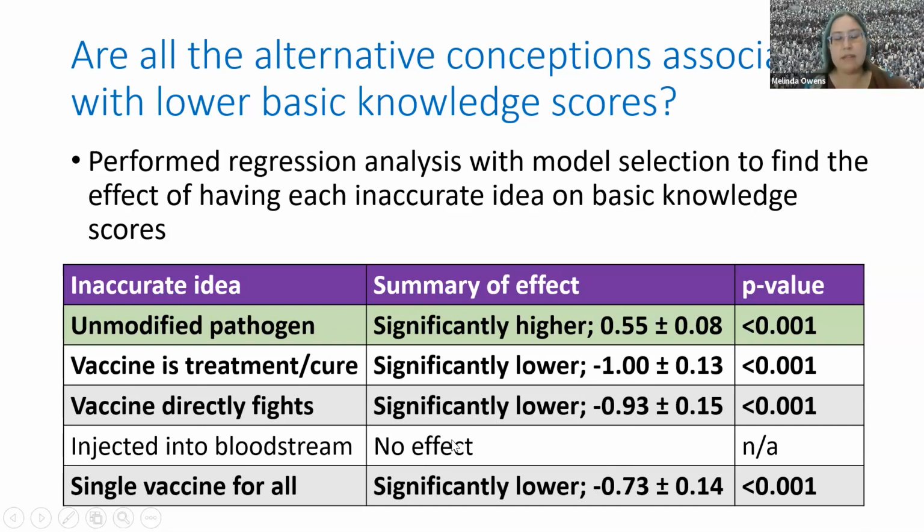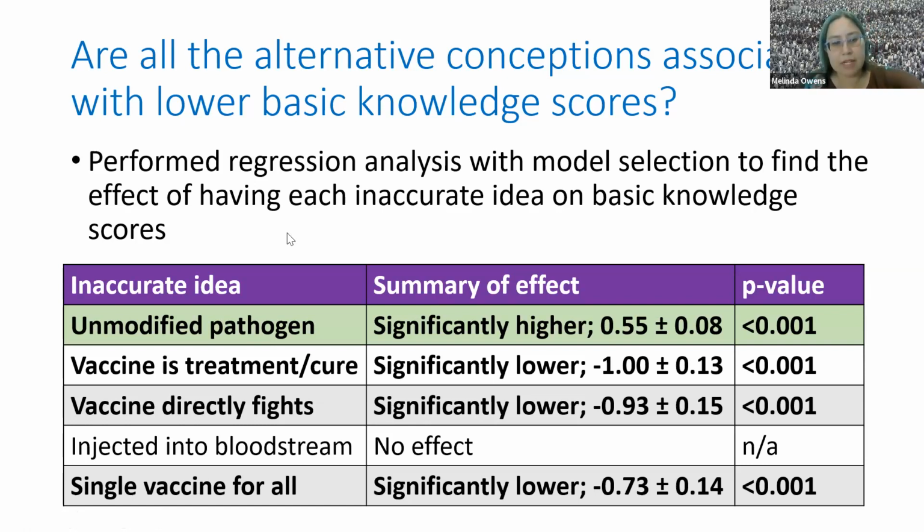This idea that vaccines are injected directly into the bloodstream seemed to have no effect. It was actually not in the final model, which is why I don't have a p-value or anything on there. So whether you believed that or not didn't seem to have any relationship with how much basic knowledge you had.